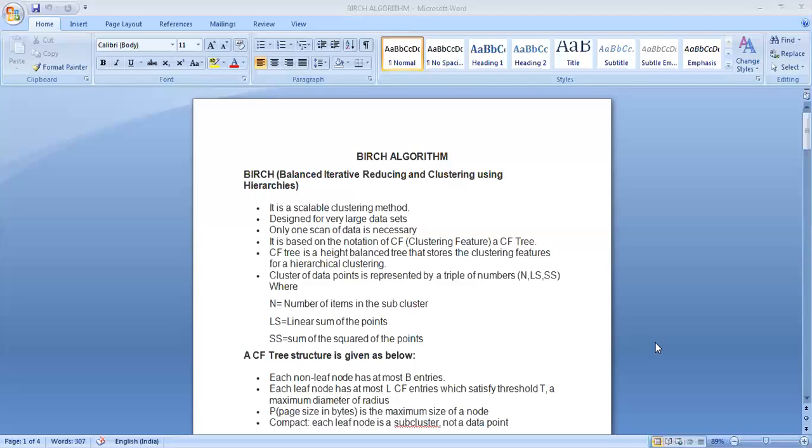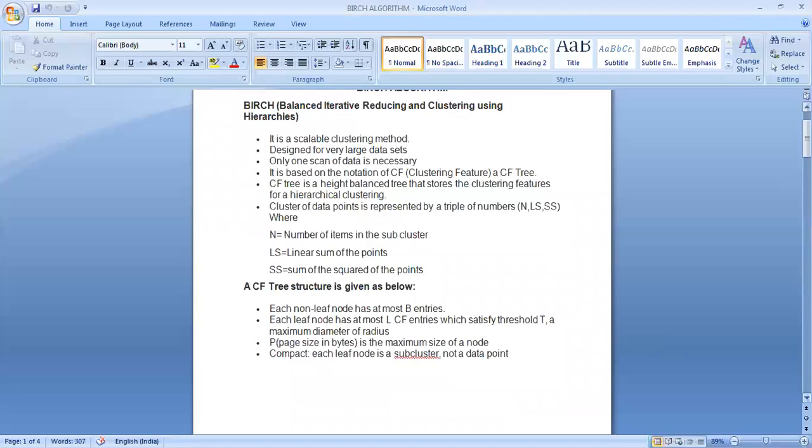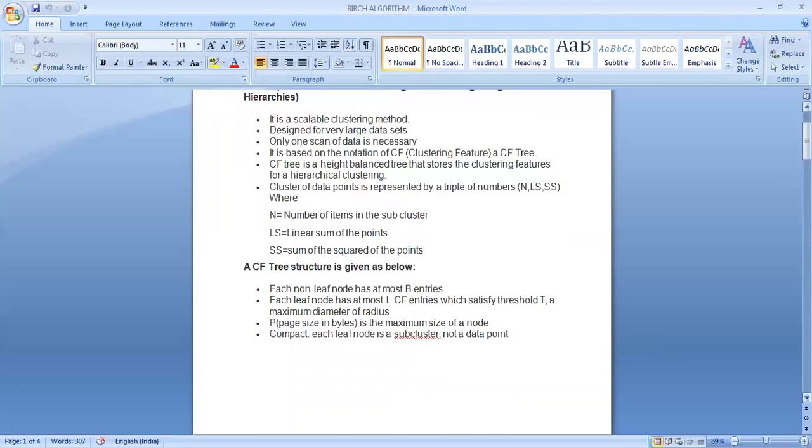Besides this, there are certain properties, like every balanced tree, that we must maintain. Every non-leaf node can have at most B entries. It means any non-leaf node, like the root node or internal node, cannot have more than B entries.